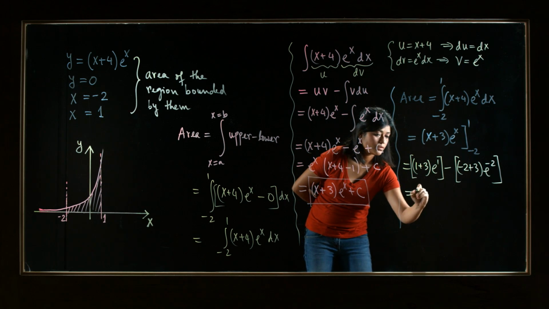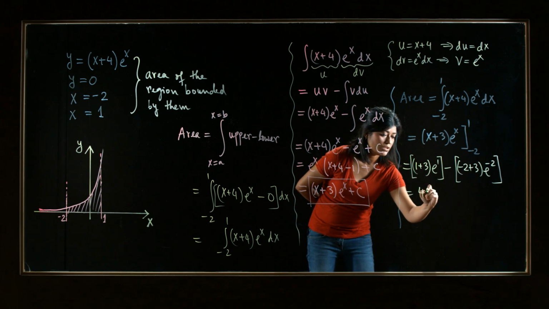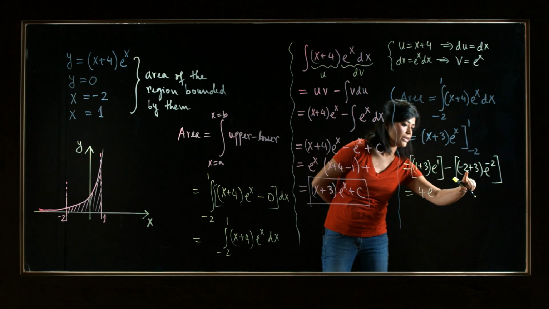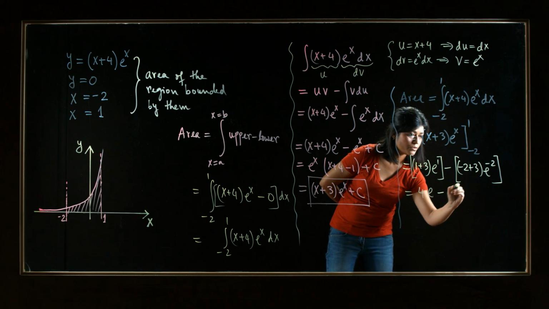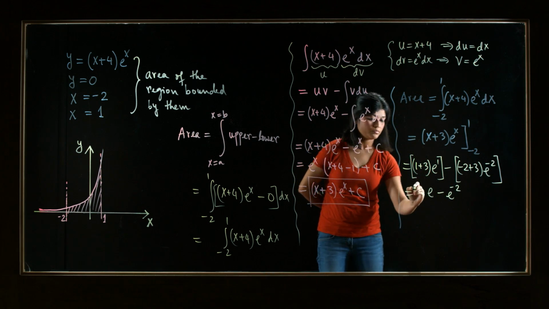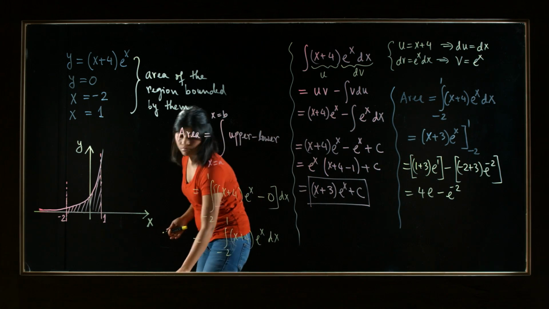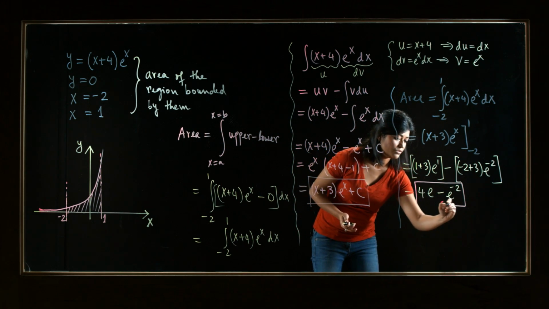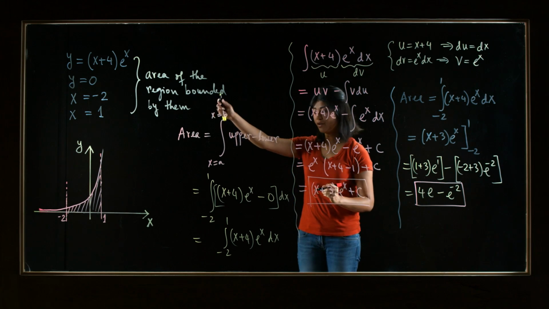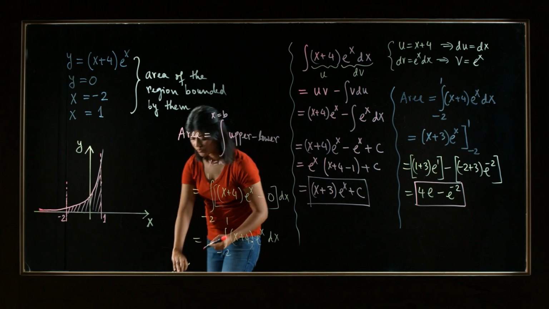So you get 4e, and here -2 plus 3 is 1, so there's negative e to the -2. So this is our area of the region bounded by the graph of those four equations.